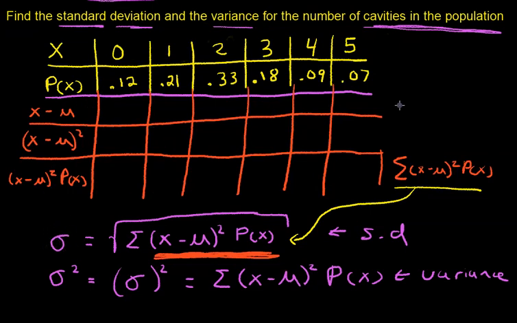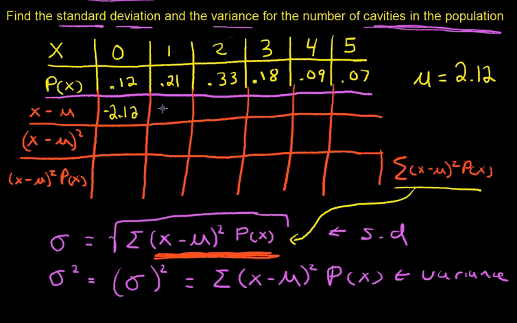All right, so let's start filling out this table. Now, to fill out this table, you need to know what mu is. In the previous video, we calculated the population mean mu to be 2.12. Let's fill out this first row. We have 0 minus 2.12, that's going to be negative 2.12. I'm taking the value of x and subtracting off mu.